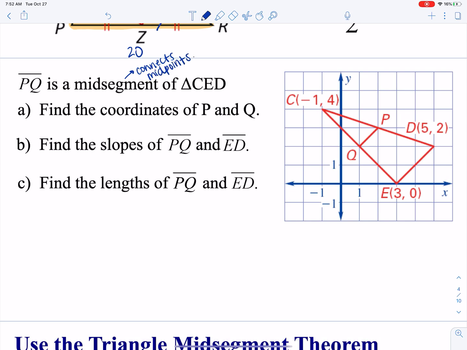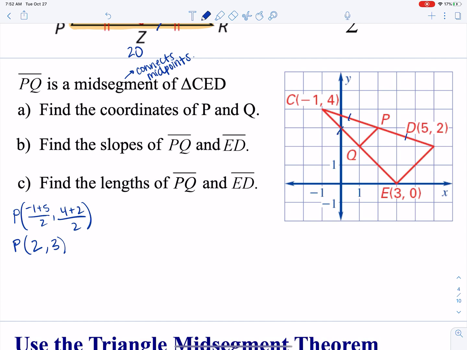Therefore, I know P is the midpoint of this side. So to find it, I'm going to do the midpoint formula with points C and D. We're adding up our x values, adding up our y values, and dividing both by 2. 4 divided by 2 is 2. 6 divided by 2 is 3.